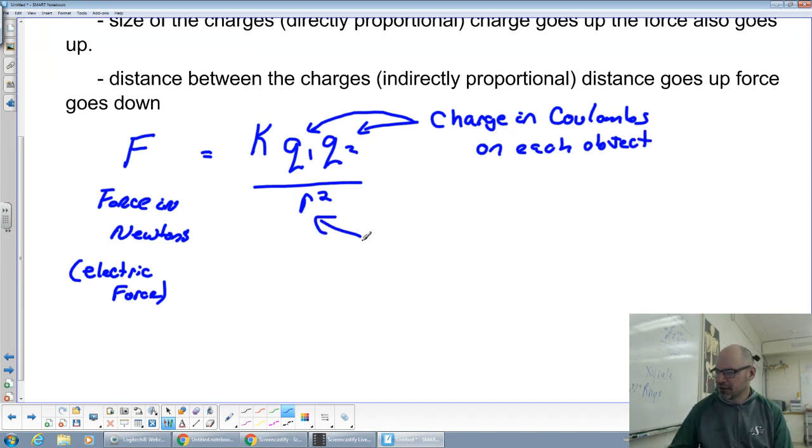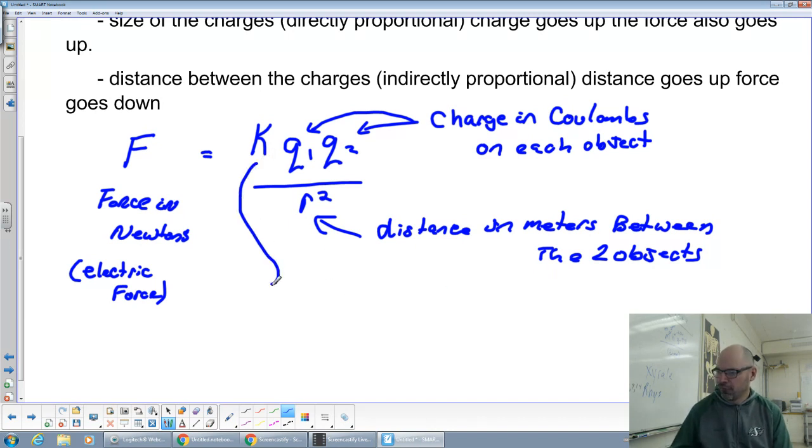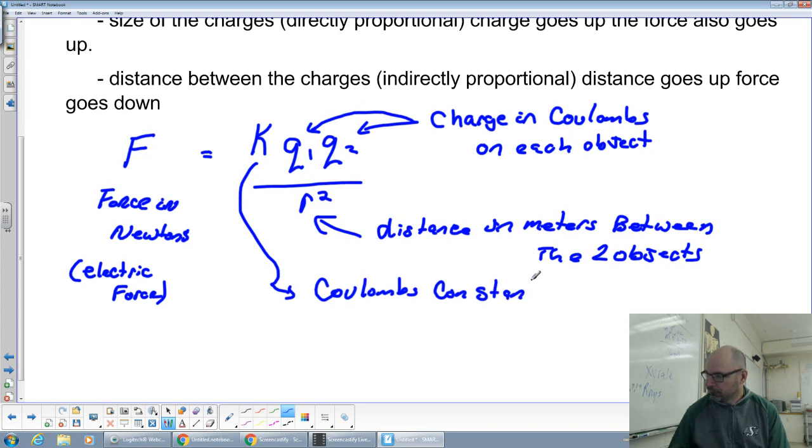And r is the distance in meters between the two objects. Okay, and K is called the Coulomb's proportionality constant, which we're going to call Coulomb's constant, just because we don't need to put proportionality in there.